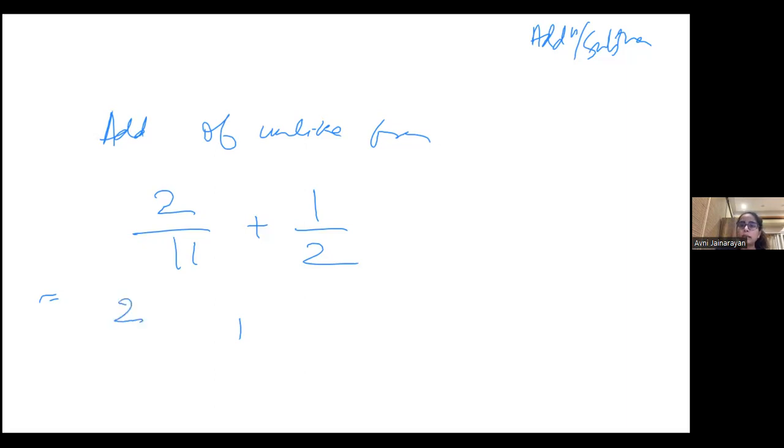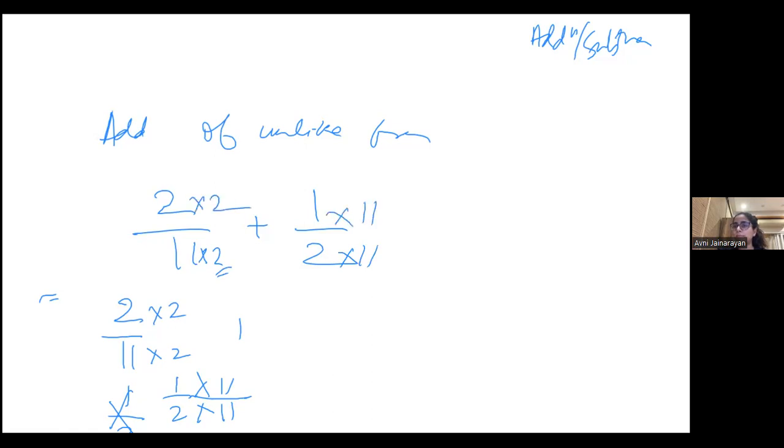So 2 upon 11, if we see, and if we see 1 upon 2, there is no similarity. There is no common connection. So what I do, I will convert this into 2, and I will convert this into 11 like this, and it becomes 22. So I multiplied top and bottom both by the same number. So 11, I multiplied by 2, because we want the base as the same, right? And 2, I multiplied by 11. Now if you do any operation on the denominator, you have to do it on the numerator too.